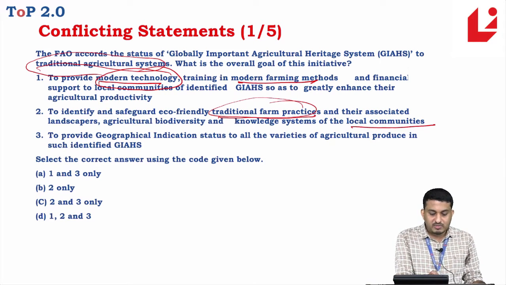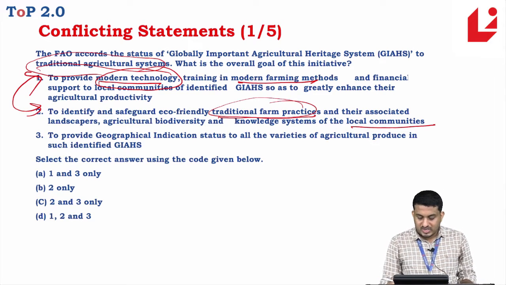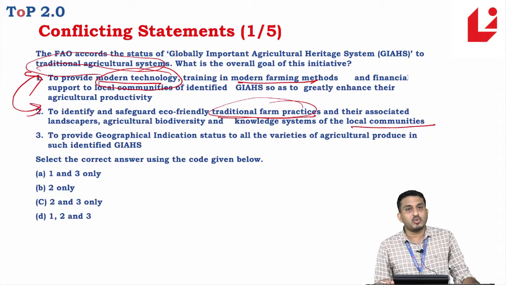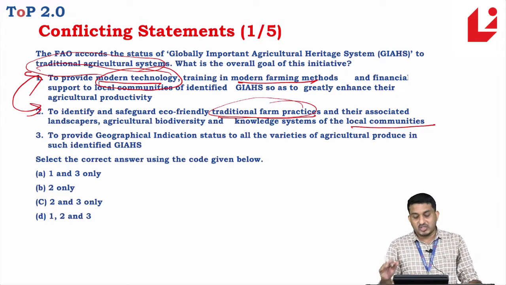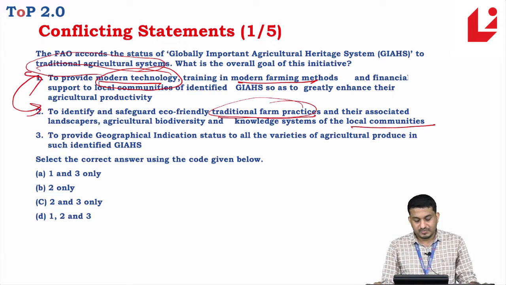Now if you see statement 1 and statement 2, 1 is talking about modern technology, 2 is mentioning traditional farm practice. That means 1 and 2 are contradictory. And the question on heritage is given with the traditional farm practices. So 1 and 2 are contradictory, either one should be correct, not both.